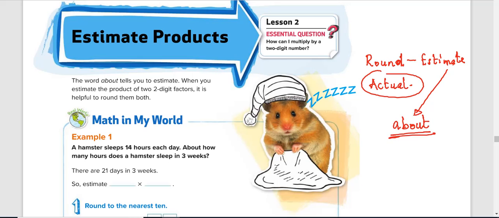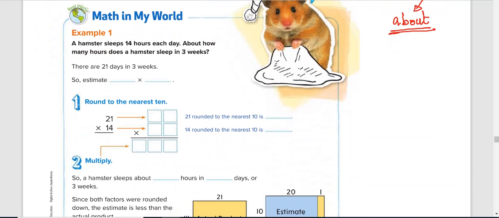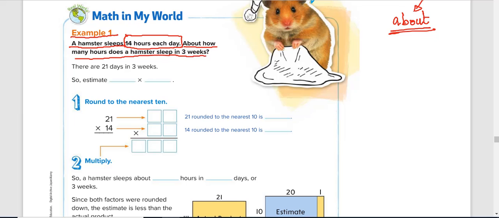Let's look at this first example. Example 1. A hamster sleeps 14 hours each day. About how many hours does a hamster sleep in 3 weeks? Here we have to do some conversion. 14 hours each day.